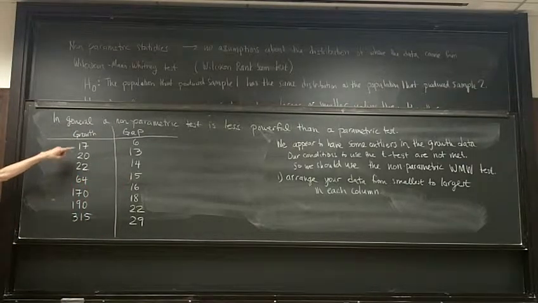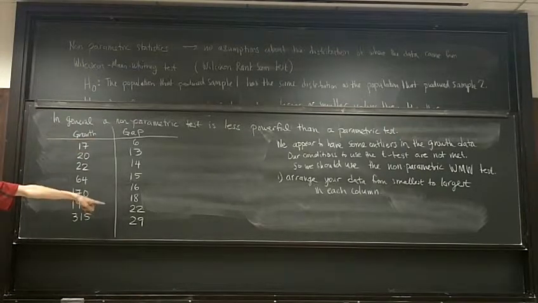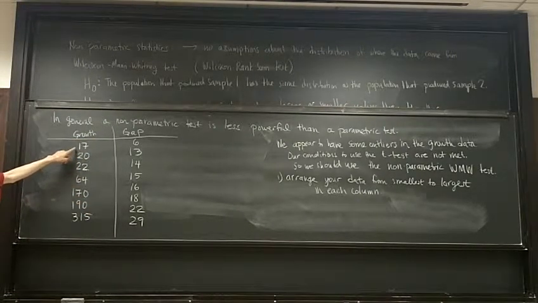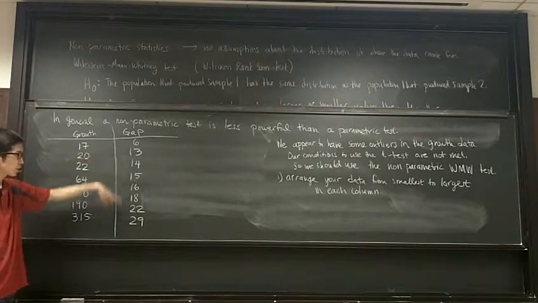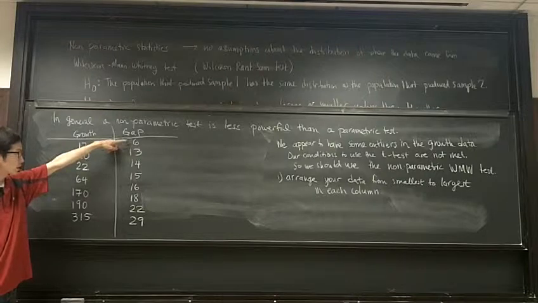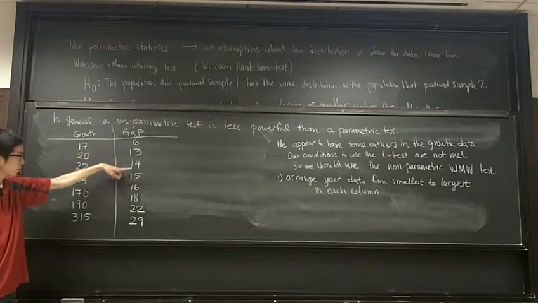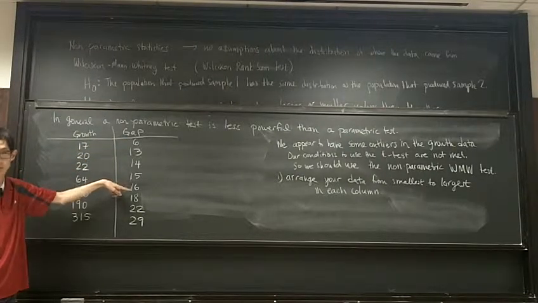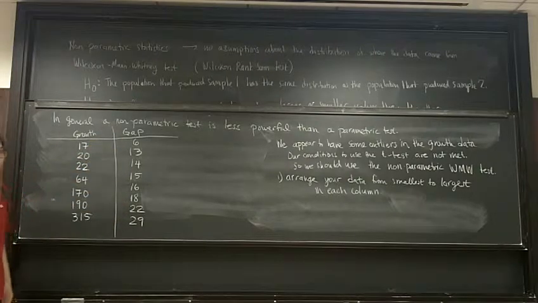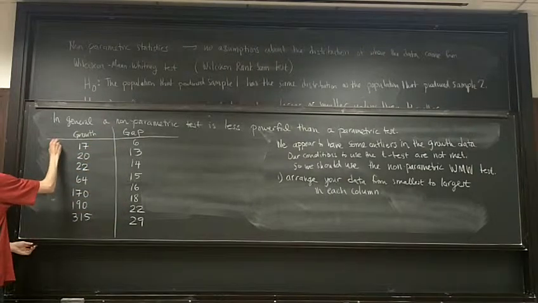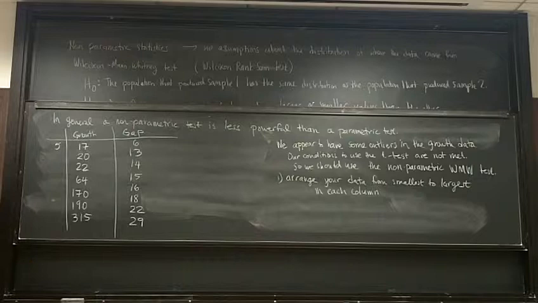And then you look at this data point, and you say how many in the other column are smaller than this data point. So my first number is 17, and I count how many numbers over here are smaller than 17. 1, 2, 3, 4, 5 numbers that are smaller than 17 in the gap column. So I put 5 there.